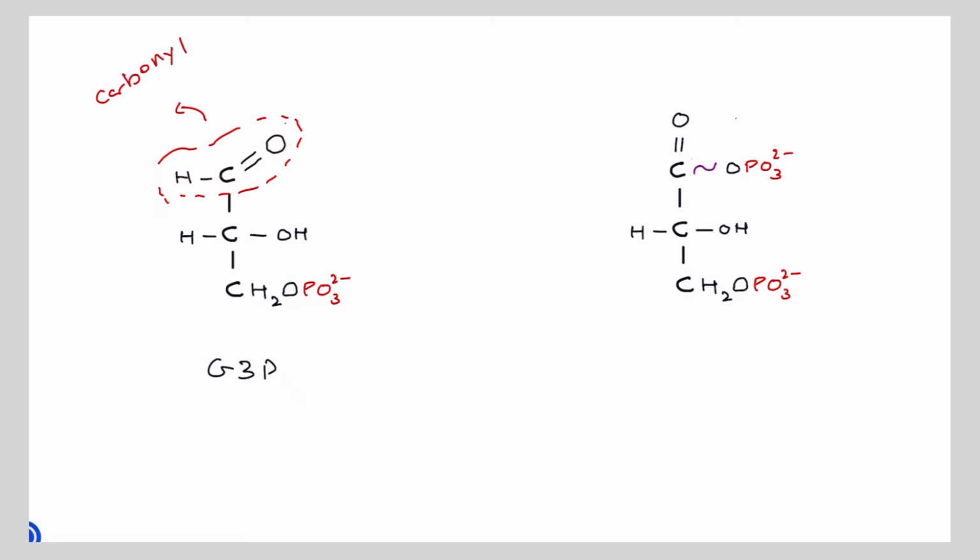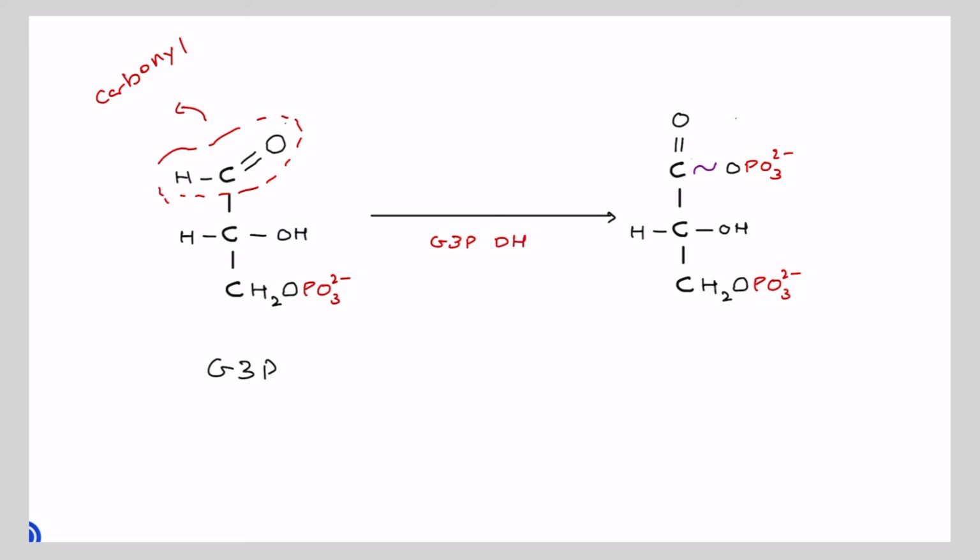Now, what is happening here, and we talked about the name of the enzyme. Let's try to write it down here as well. The enzyme that's working on this reaction is called glyceraldehyde 3-phosphate dehydrogenase.